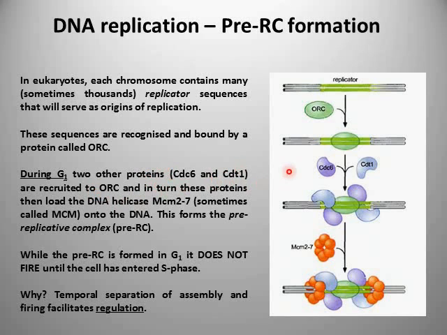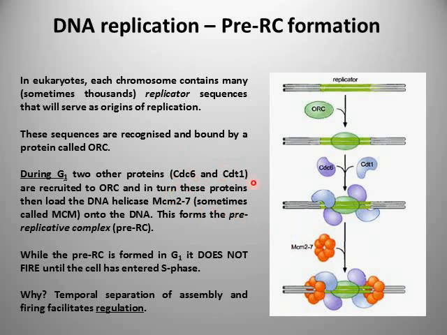Once these two proteins are recruited, they in turn then recruit a group of proteins called MCM2-7. It's also generally known just as MCM. And this MCM protein complex is actually a helicase, and it's the helicase which eventually ends up getting loaded on to the DNA at the replication fork.